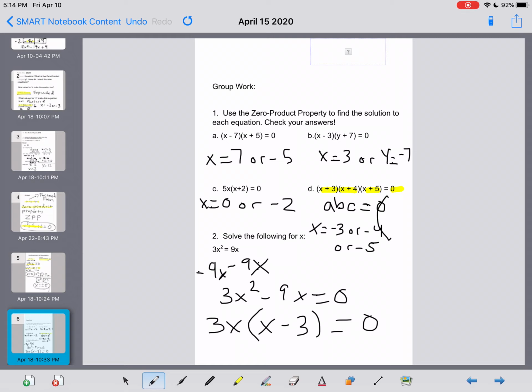If we solve these, x would equal 0 or +3. We'll do more with these types of problems and this factoring business in the next lesson.